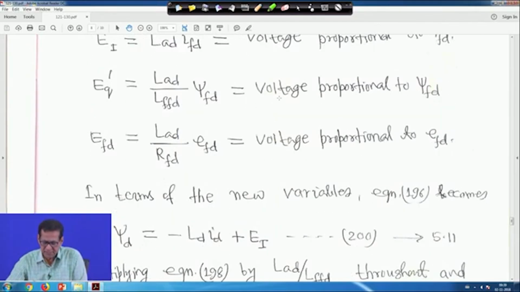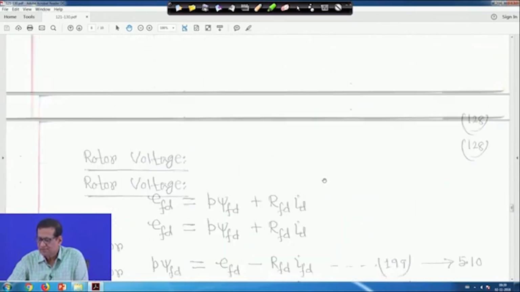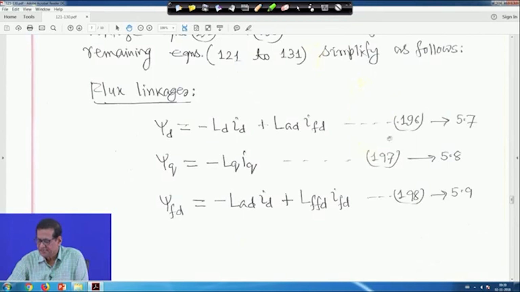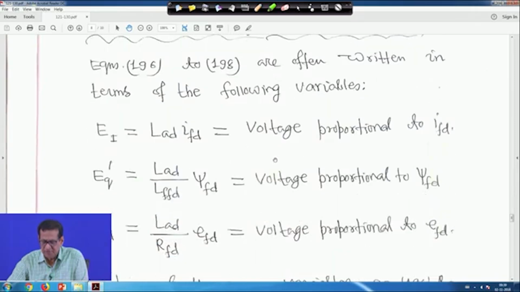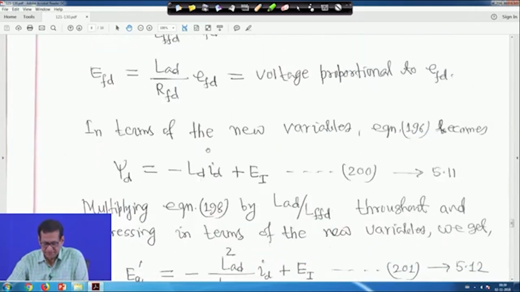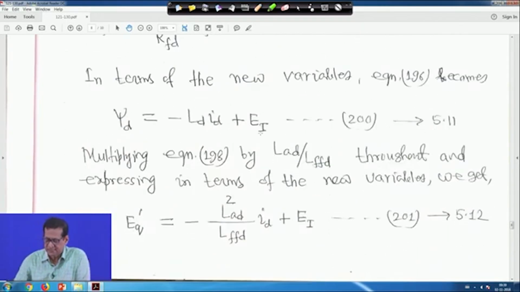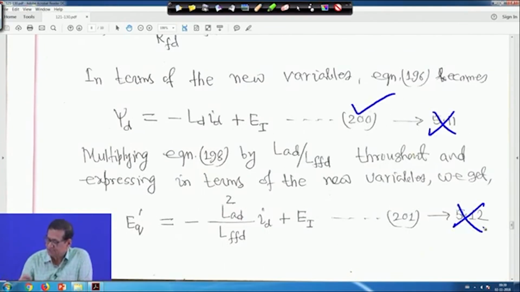So, in terms of the new variables, equations 196, 197 and 198 will become, psi d will be minus L d I d plus E I, this is equation 200, right. This is not required, this is for my reference.